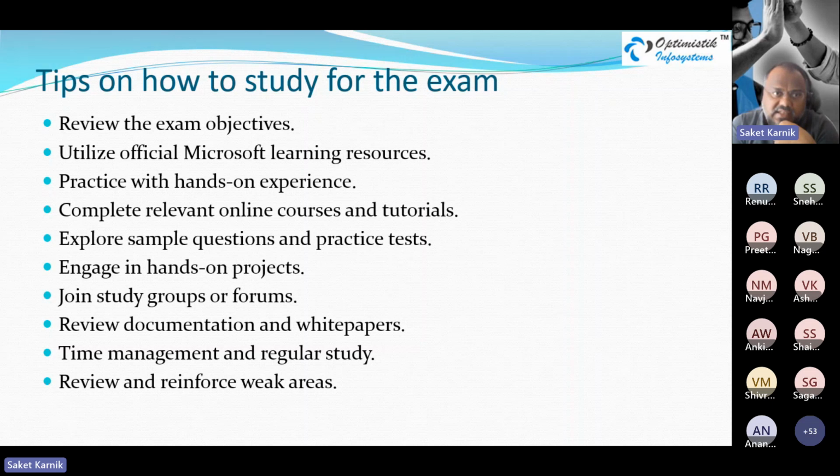I assume yes. Okay, so next level would be to explore the sample questions and practice tests, whatever available. There are free ones, there are paid ones. Always look for the quality sample questions and practice tests. Fake questions and fake tests will not help you. Along with that, always do engage in some actual real life hands-on projects.